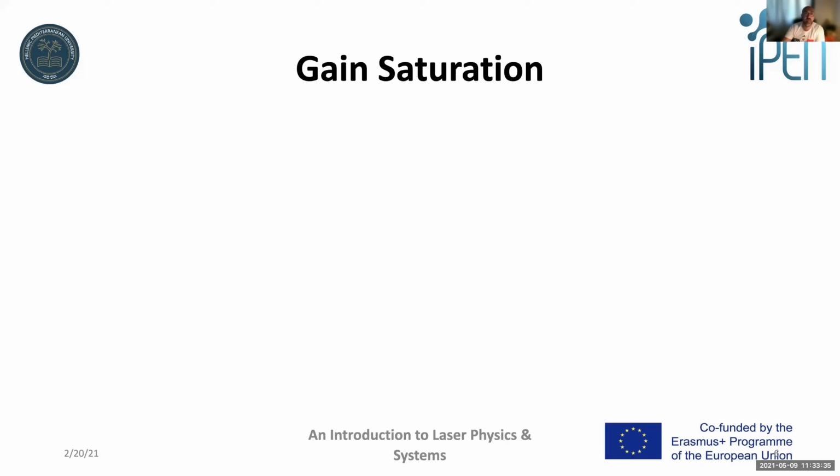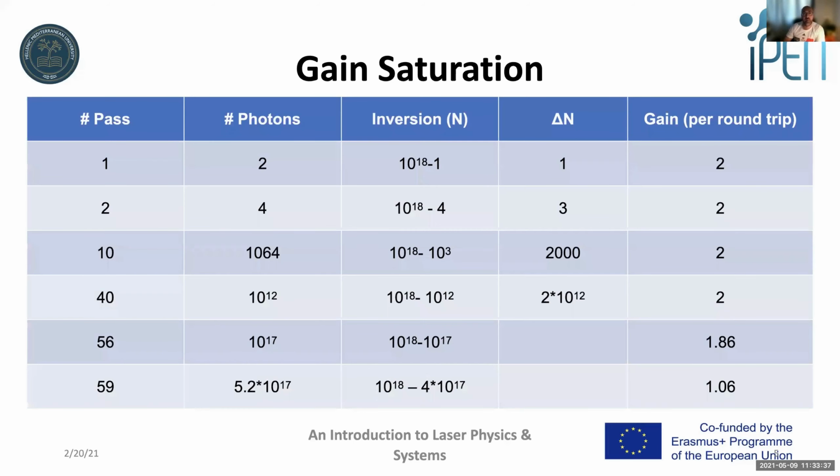Here you can see that the population inversion decreases, and when it reaches 50% of its initial value, which is 50% of 10 to the 18, this means that at this point we are moving towards saturation, and the intensity, or the number of photons, does not increase exponentially.